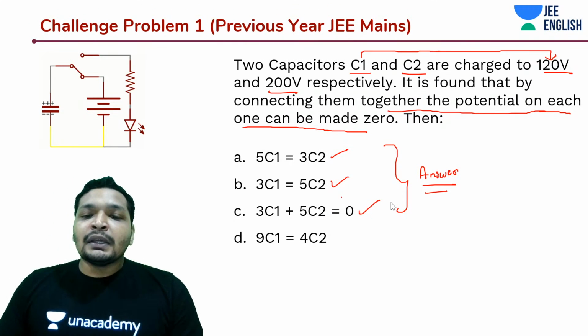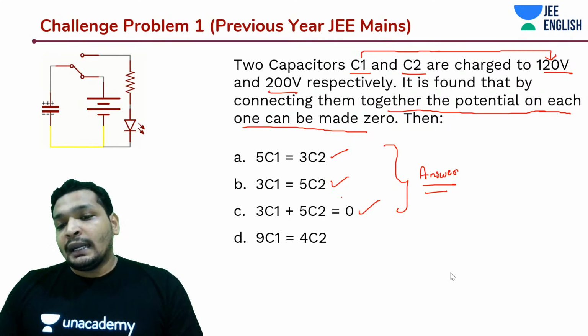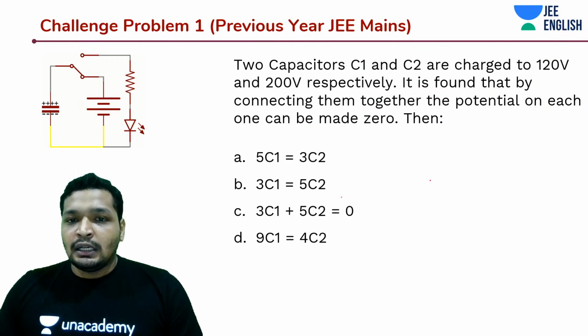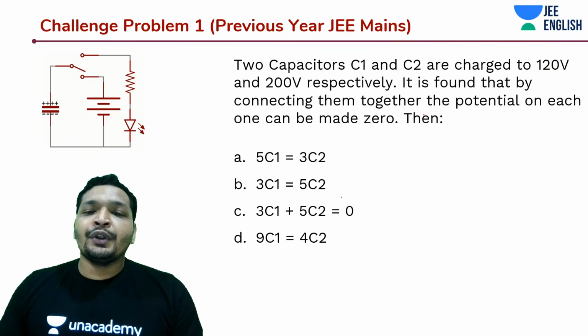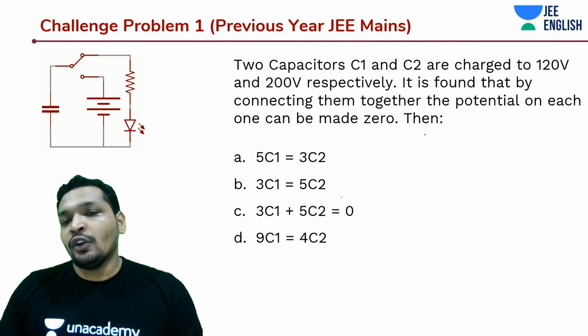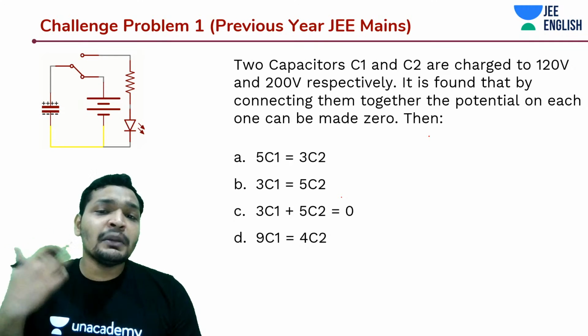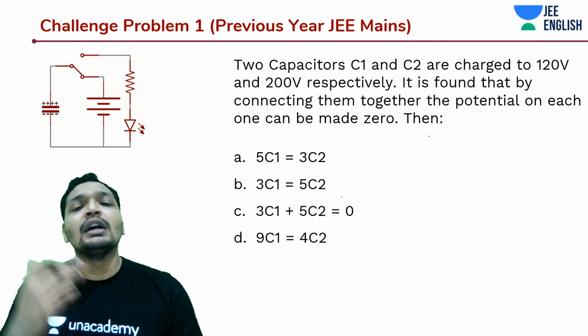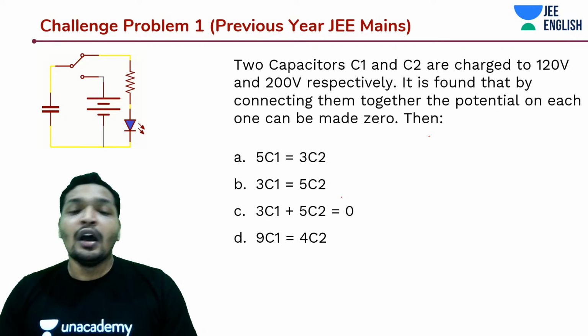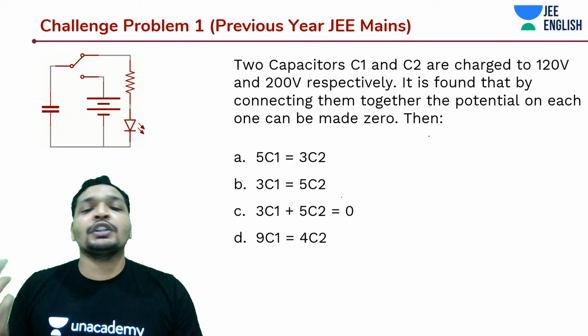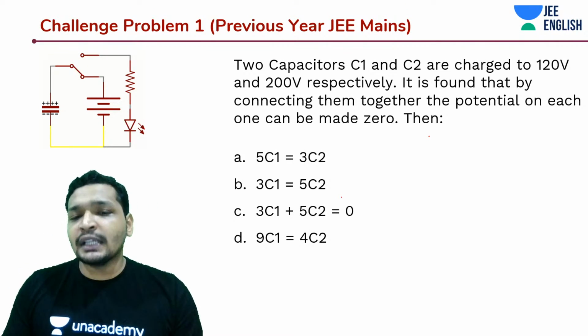So what does it mean when you connect two capacitor plates together and get 0 potential on each plate? Then what is actually happening? Think about what the polarity should be such that you get 0 potential. How would you connect it? So let's get into it.